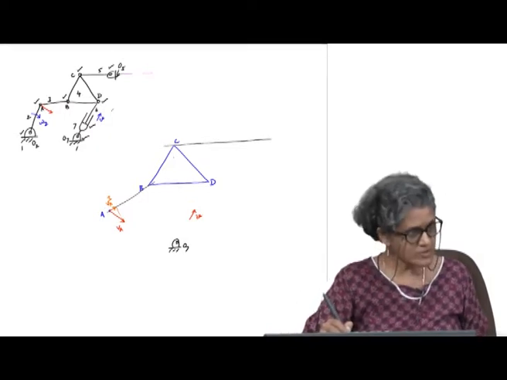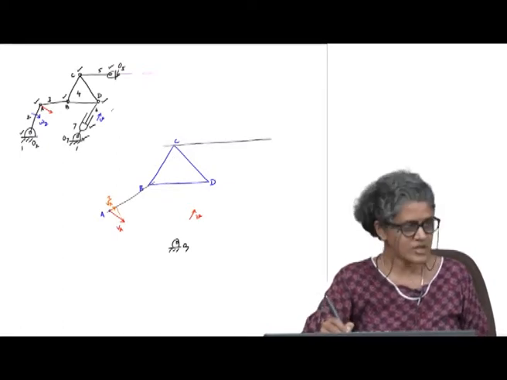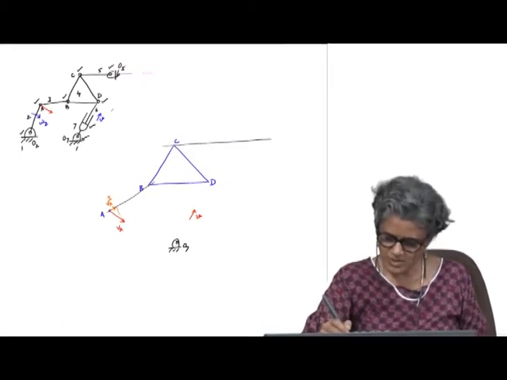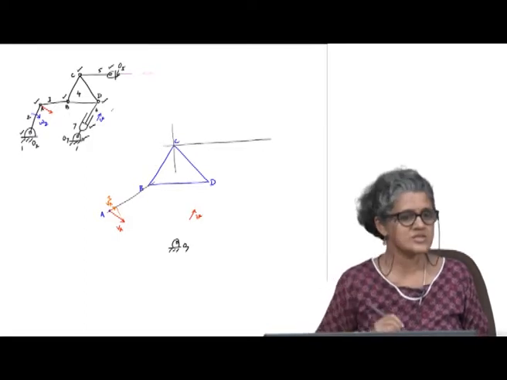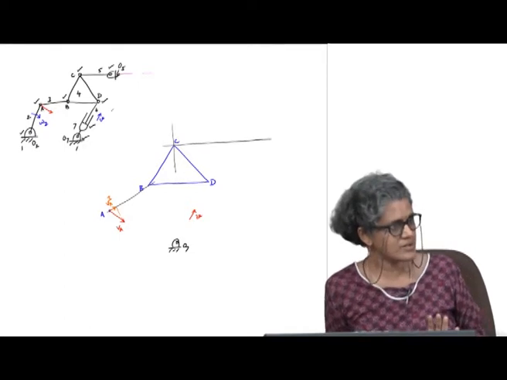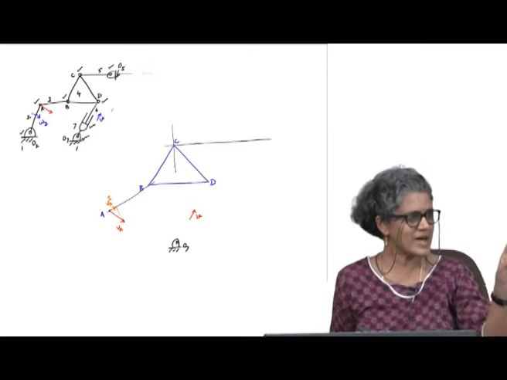What I know about C is that zero velocity is transmitted. So necessarily I know that the velocity of C is perpendicular. This is exactly what I am going to use, but I need another point also.